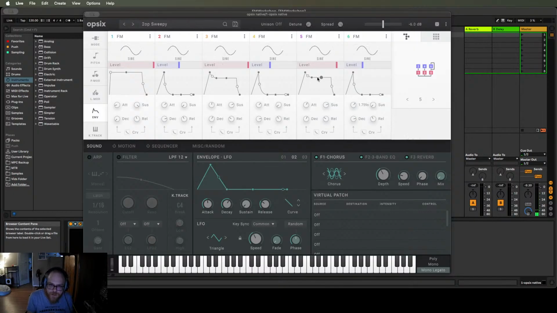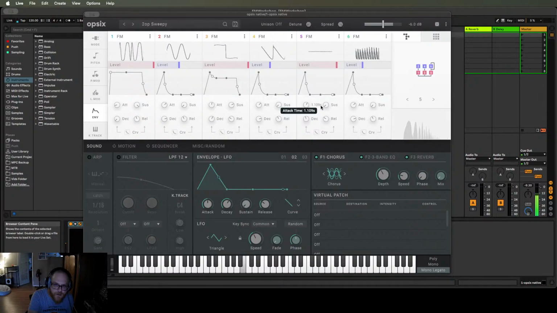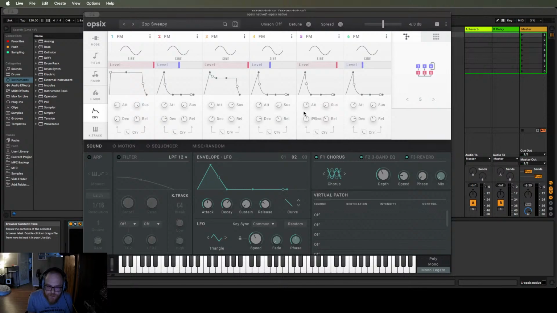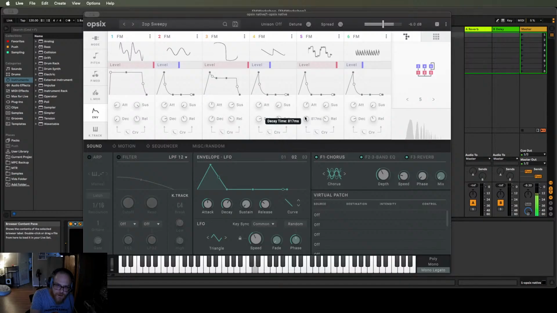And maybe it drops off real quick. That sounds unnatural, but there's nothing natural about this sound, but it sounds a little weird, right? So yeah, get the idea.